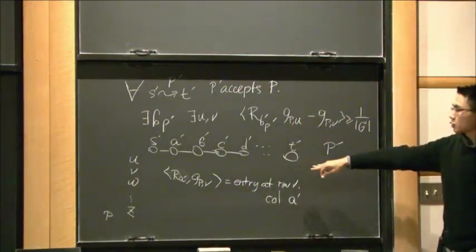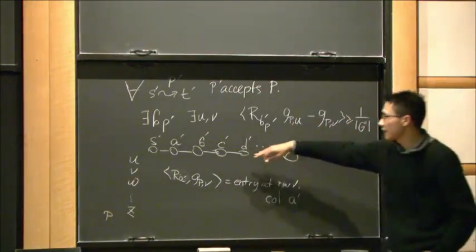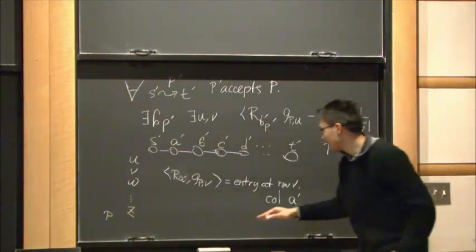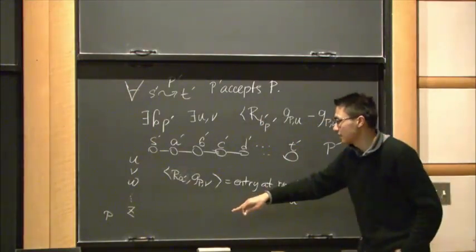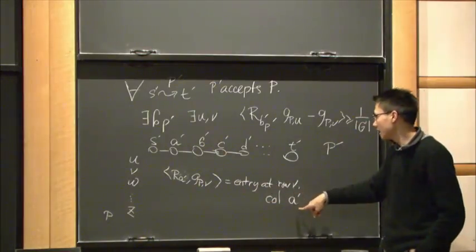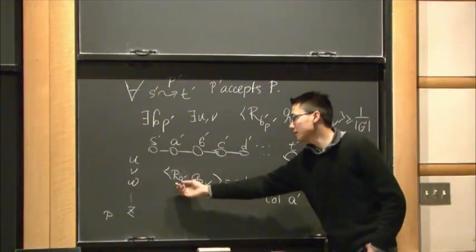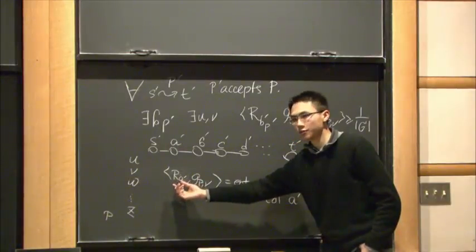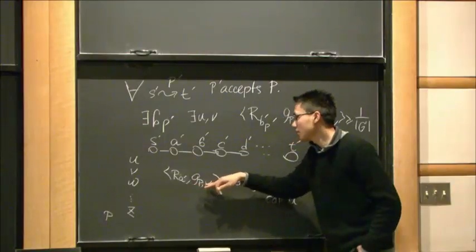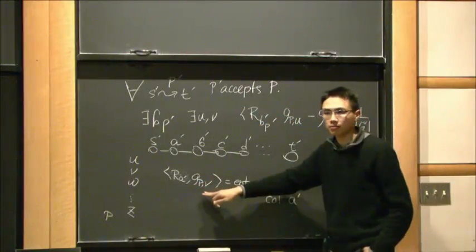So we are going to build a 2-dimensional table. The columns are labeled by nodes on the accepting path. The rows are labeled by the vertices in the clique, and the entry at row V, column A prime, will be the inner product of the reachability table at the node A prime and the V vector in the collection.